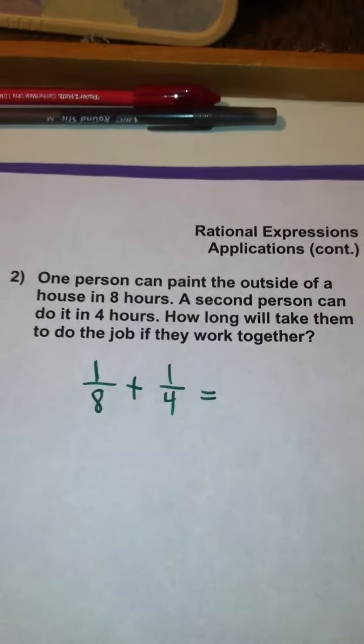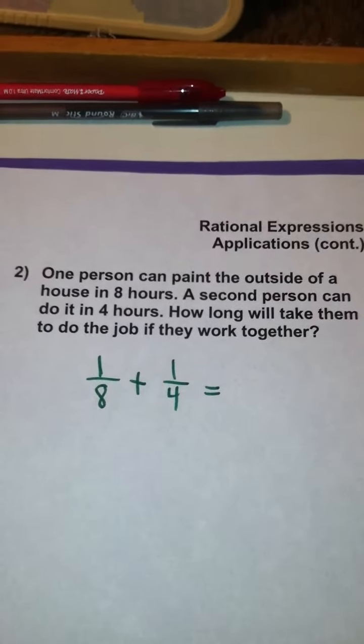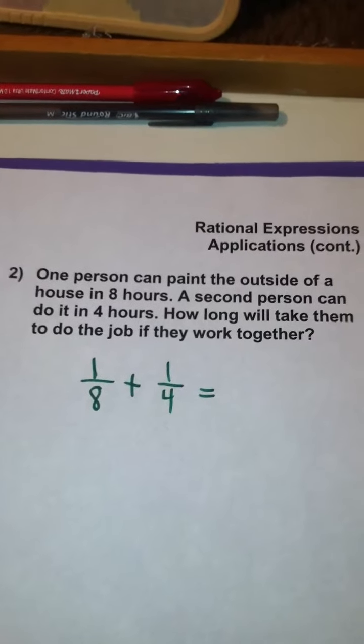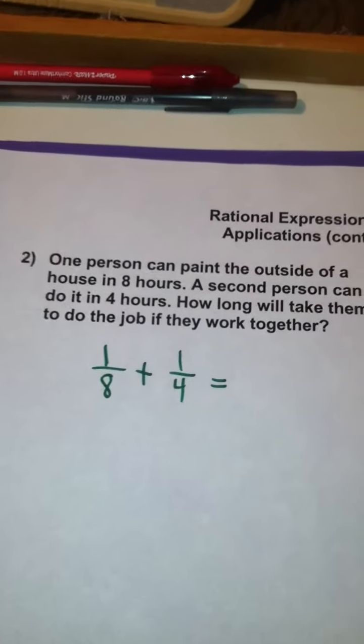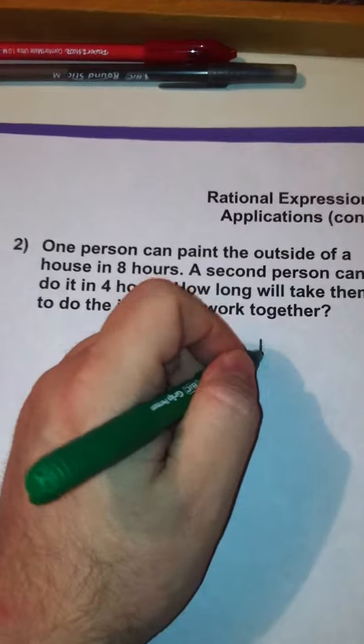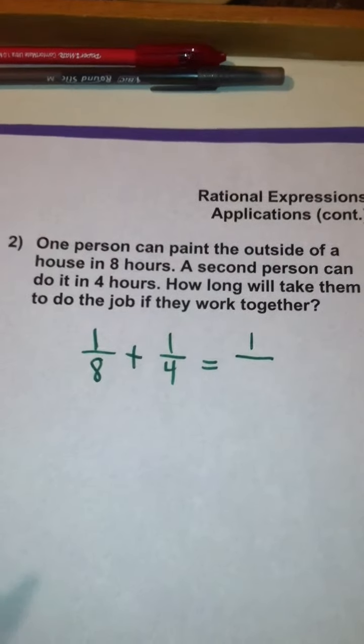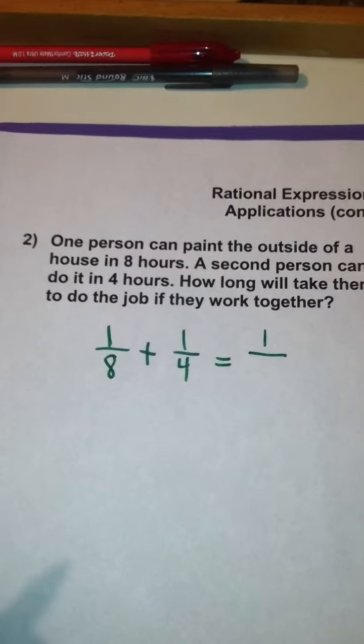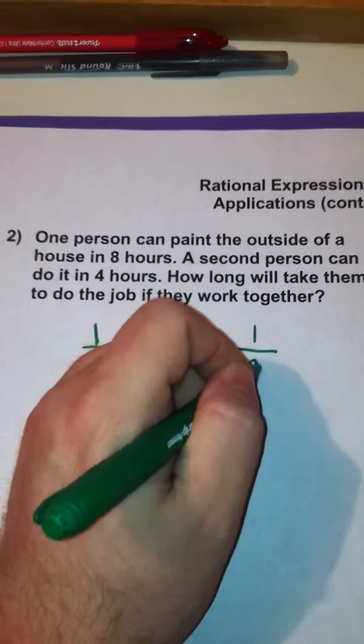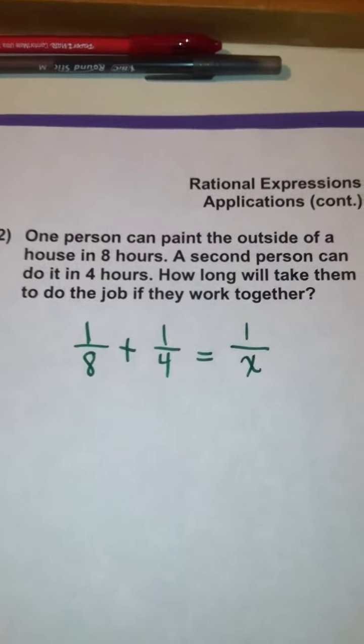How long will it take them to do the job if they work together? That means an equal sign. And on the other side, we're trying to figure out how long it would take them to do one job. We can represent that time as x.